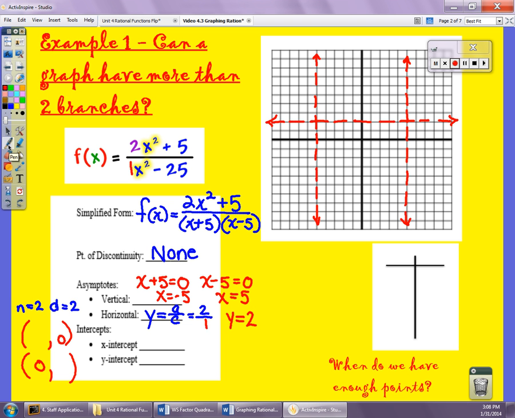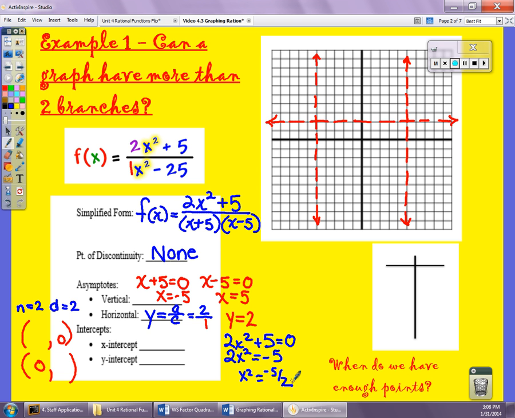Now, to set the numerator equal to 0 and solve, we need to do 2x squared plus 5 equals 0. Subtract 5 from each side and we'll get 2x squared equals negative 5. We're going to divide each side by 2. We'll get x squared equals negative 5 halves.